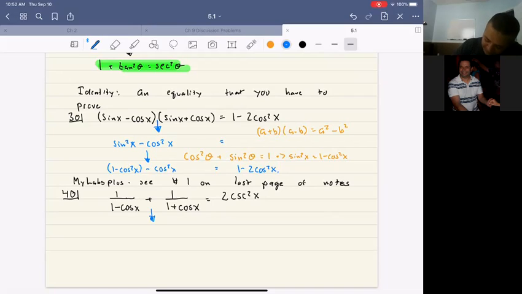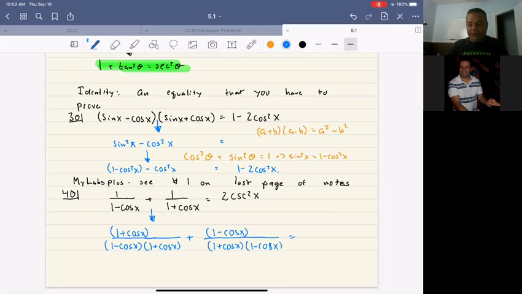So I'm going to have 1 plus cosine x over 1 minus cosine x times 1 plus cosine x, plus 1 minus cosine x over 1 plus cosine x times 1 minus cosine x.